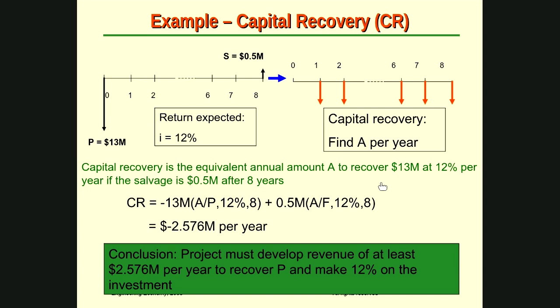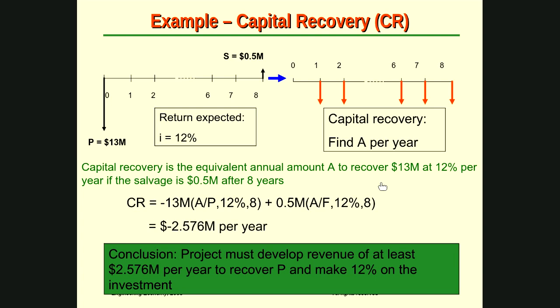You do not include that in your solution if you are calculating the capital recovery. But if the question asks to find the annual worth, not the capital recovery, then you include the operating cost. Now, in this question there was no operating cost and it asks about the capital recovery.